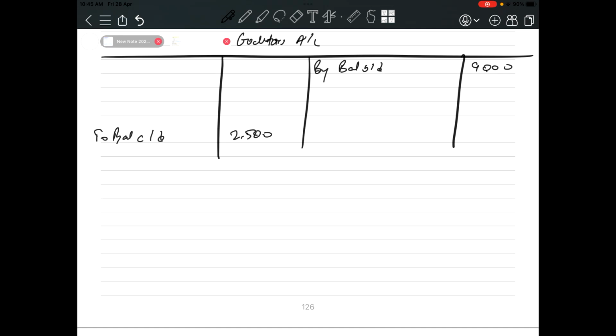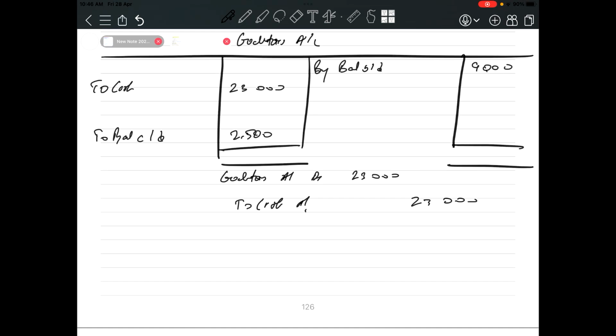Now when you make payment to the creditors, what will be the journal entry? Creditors account debit to cash account 23,000. So this cash payment will go to the debit side of the creditors account, to cash 23,000. Now with this we will find out the amount of purchases. 23,000 plus 2,500 is 25,500.